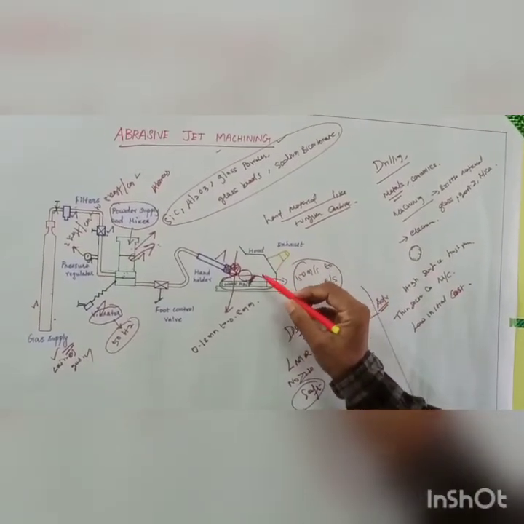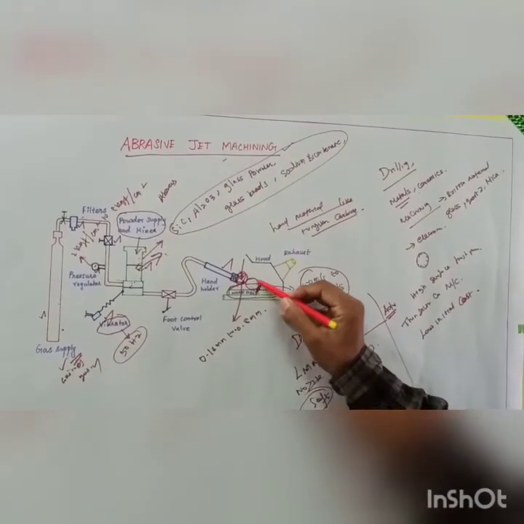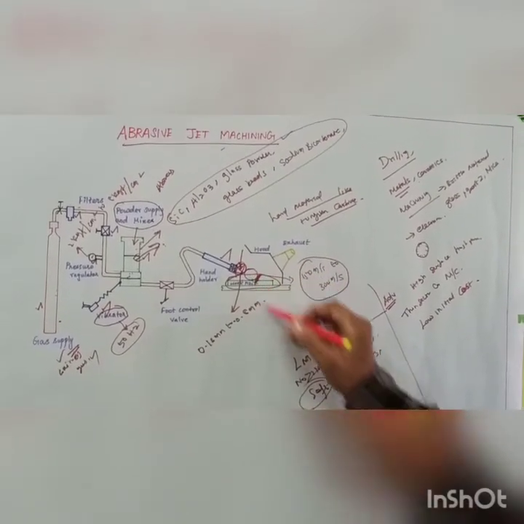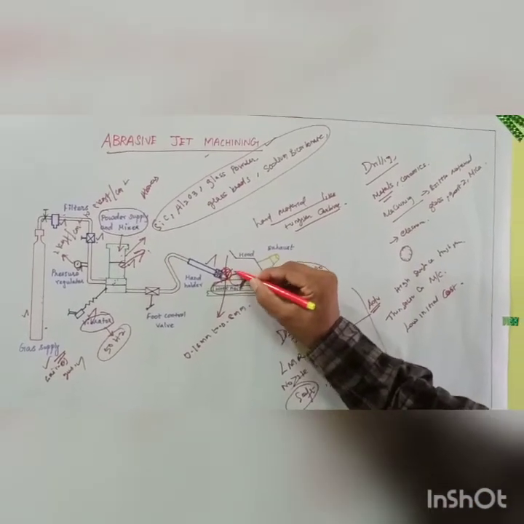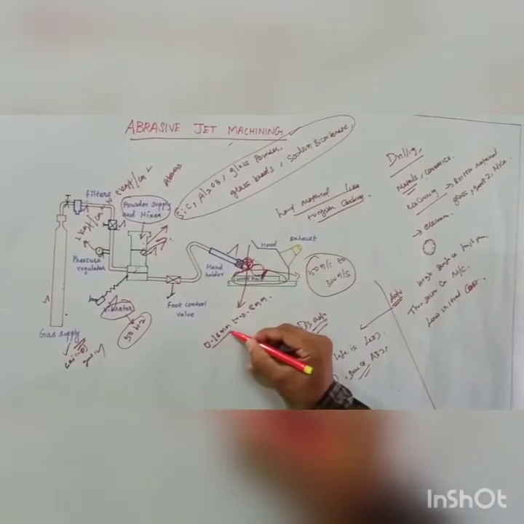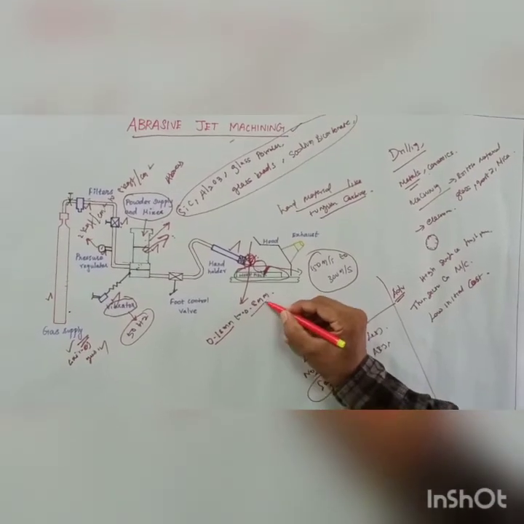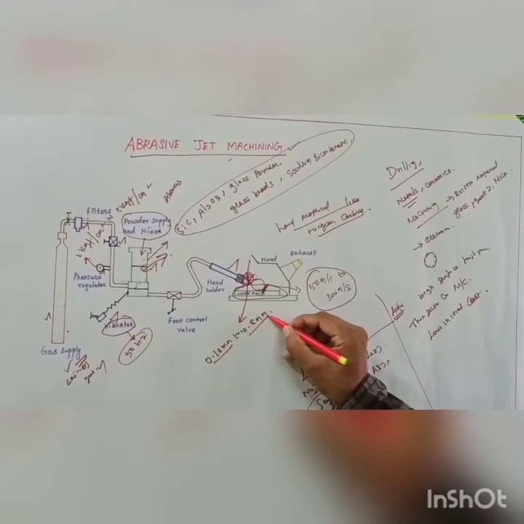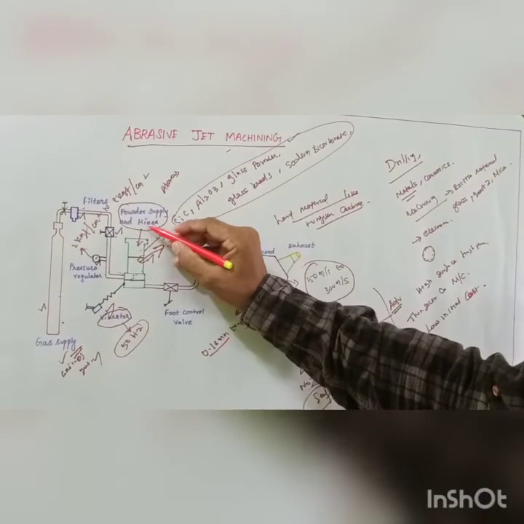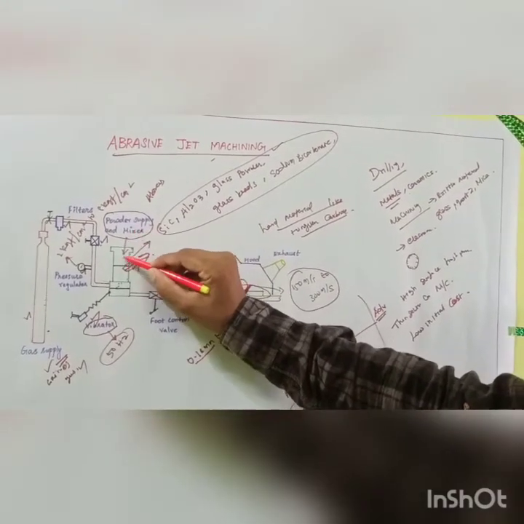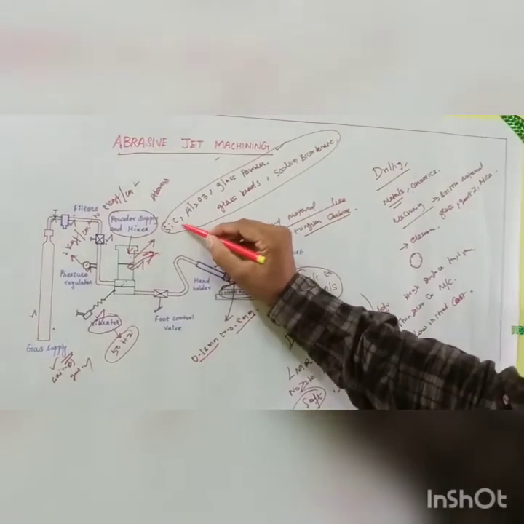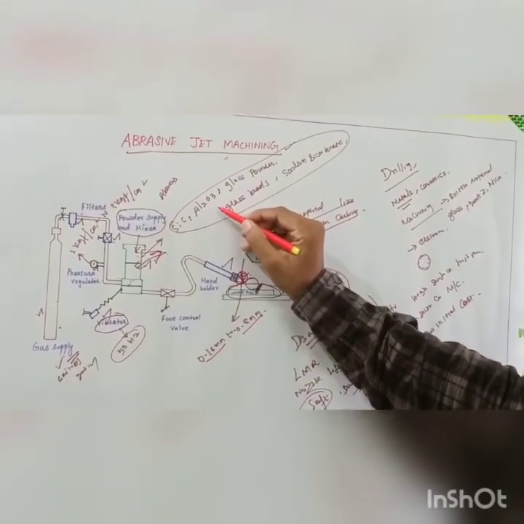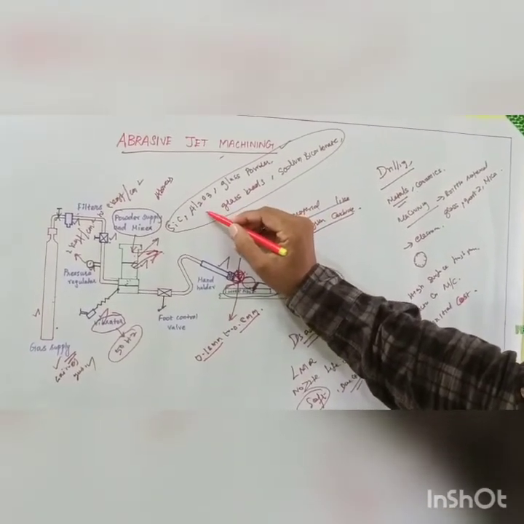The material removal rate depends upon the following factors. That means the diameter of the nozzle, which ranges from 0.18 mm to 0.8 mm, and the composition of the mixture, that means the composition of air and abrasive particles, and the hardness of abrasive particles and workpiece.